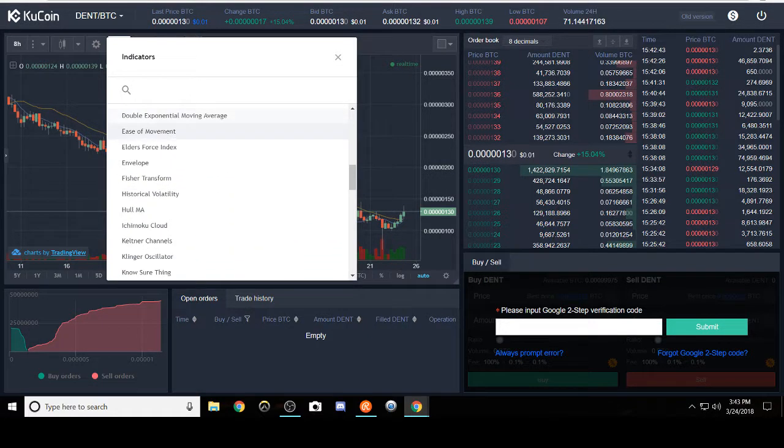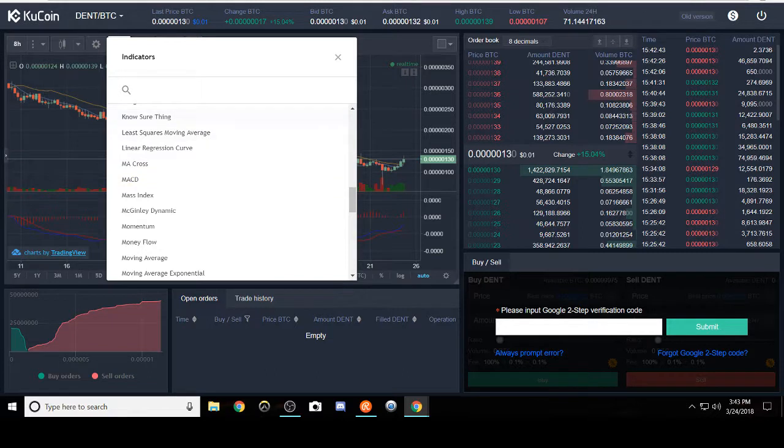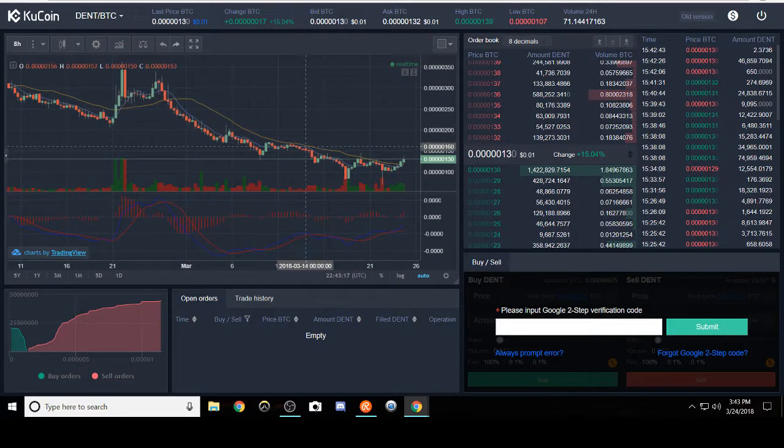Or just do MACD. We could probably just do that, actually. MACD. This should be down here, showing it. I'm not sure why it's formatting like this, but sure. So, that looks the worst.